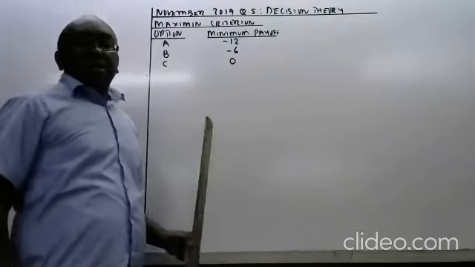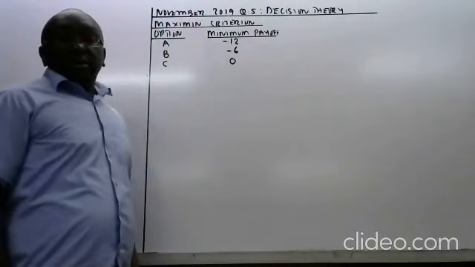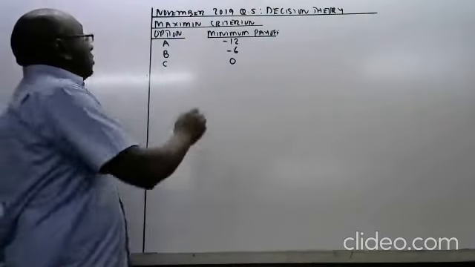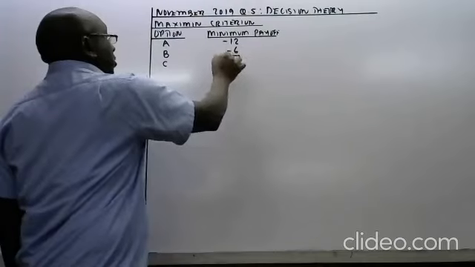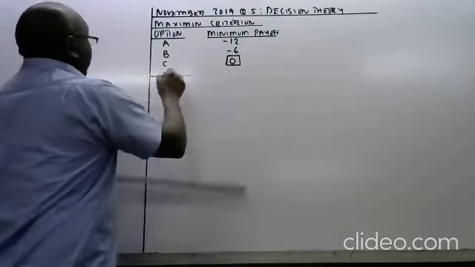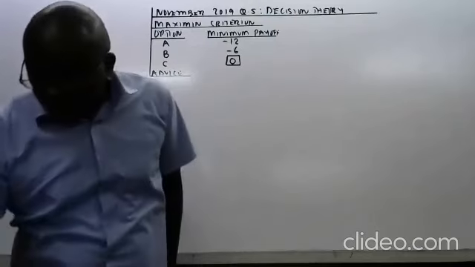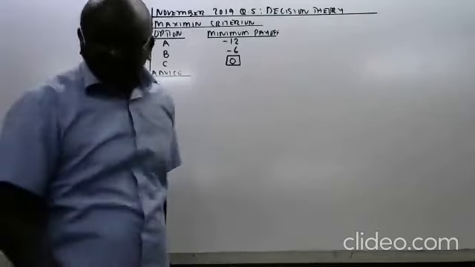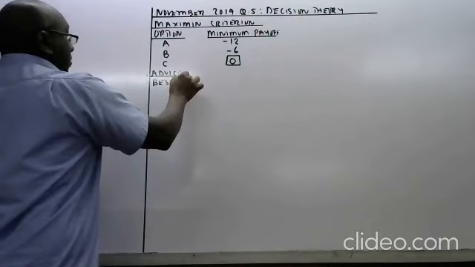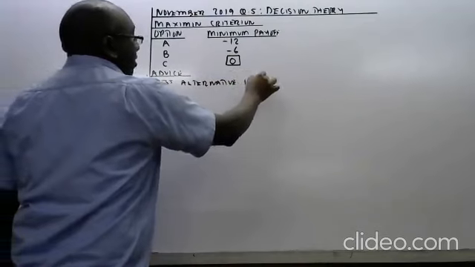This rule says you are supposed to select the maximum of the minimums, so you select that, and then you offer your advice. The best alternative is C.